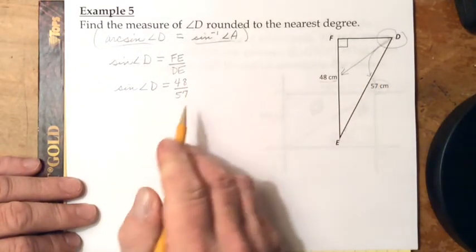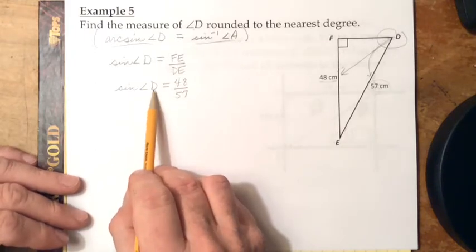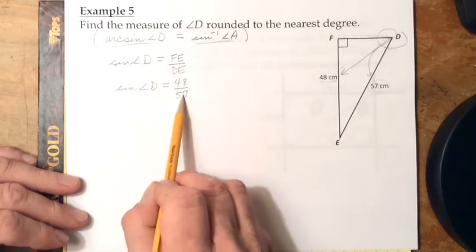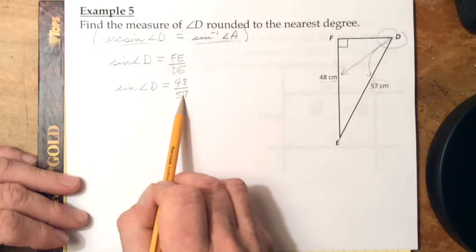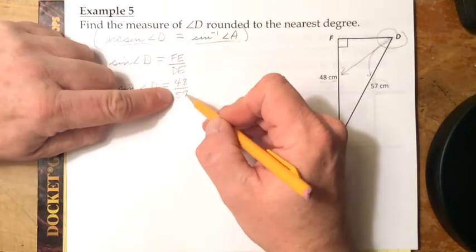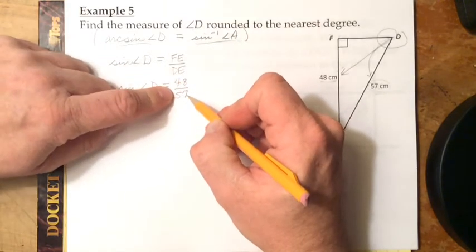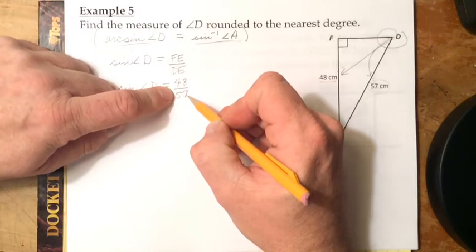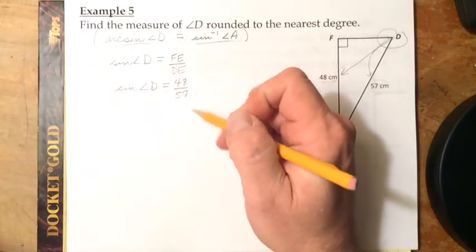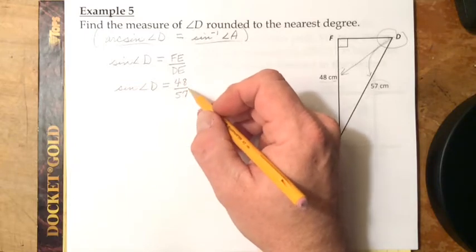Now, we don't start solving for the measure of angle D yet, because we need to get this converted to a decimal. If you recall our first couple of examples, we took a trig ratio like this one and converted it to a decimal to 4 decimal places. That's what we're going to do with this. Anytime you have both these numbers in the ratio, you need to go ahead and find the decimal.